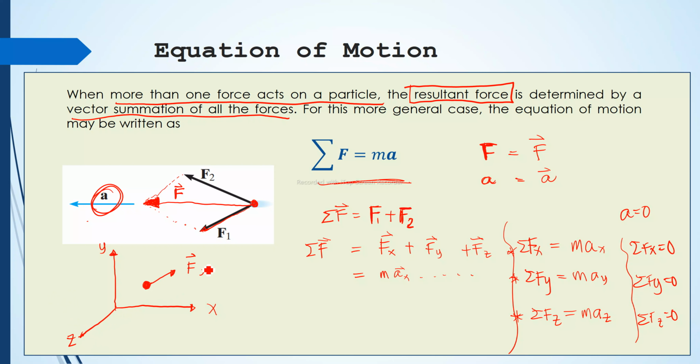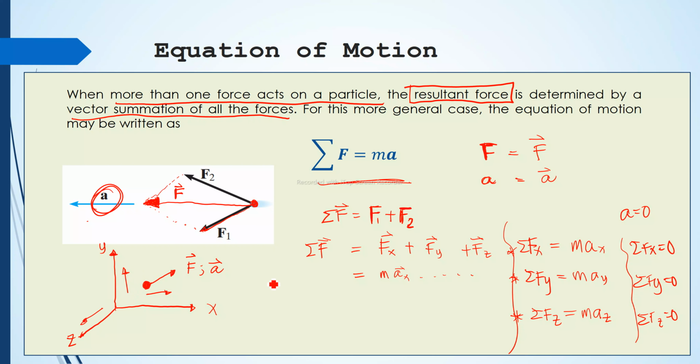The direction of our vector force F, or the unbalanced force F, is equal to the direction of the acceleration. Since vector quantities can be written into components, we can get the component of this vector force along x, along y, or along z.